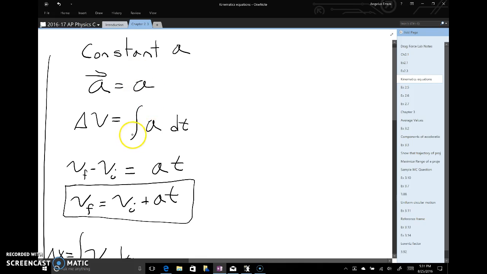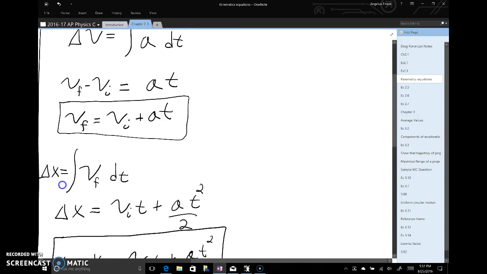Now, we know that when we take the integral of something, we get the change in the value of the antiderivative. So here the antiderivative of the acceleration would be the velocity. So when we take the integral of the acceleration, we get the change in velocity. Another way to write change in velocity is v final minus v initial. And if we rearrange that, we get the equation we're familiar with.